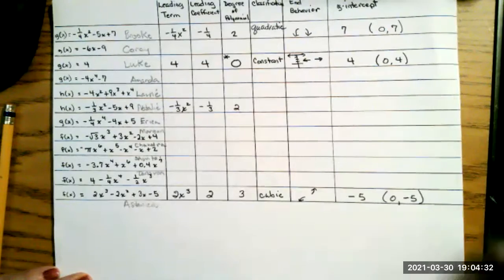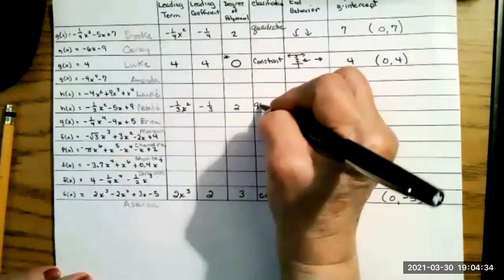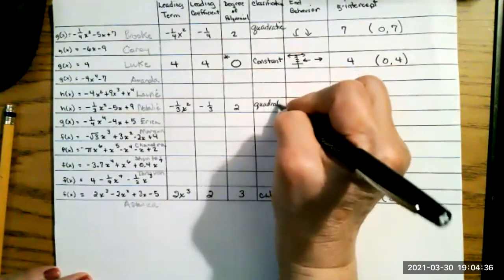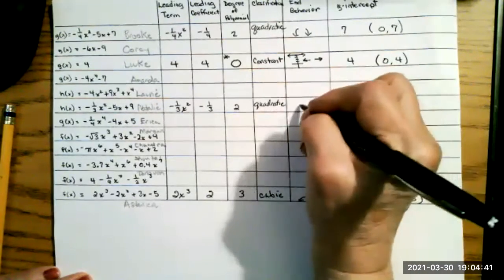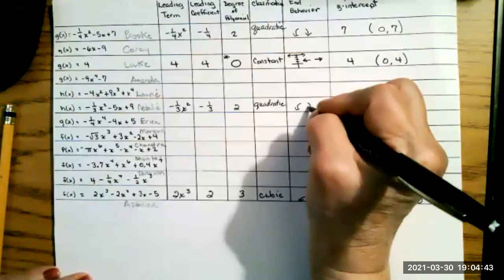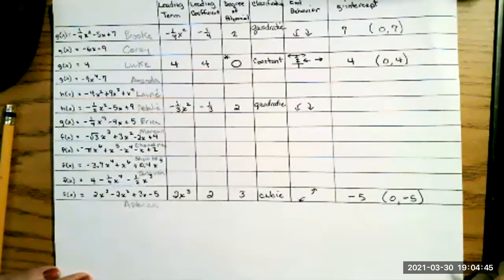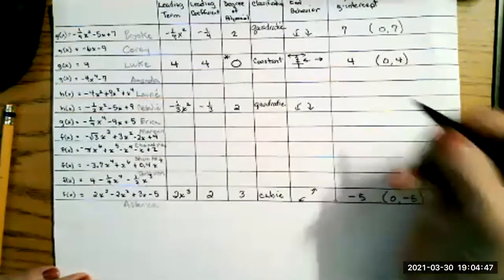Class is going to be quadratic. Good job. End behavior is going to be a frowning face, pointing down on both sides. And then the y-intercept is going to be 9. And that's the point, 0, 9. Okay, good job.